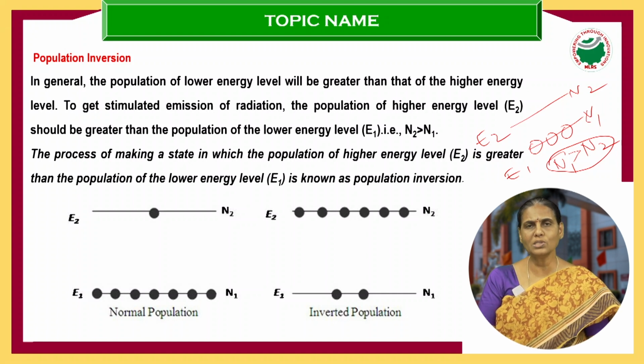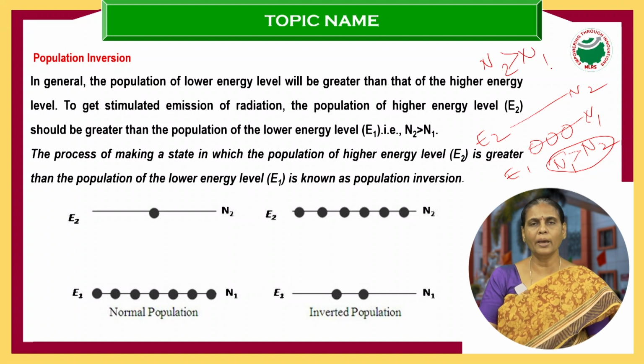But to produce a laser output, the condition which we require is N2 should be greater than N1. The number of atoms present in the higher energy state should be greater than the number of atoms in the lower energy state.